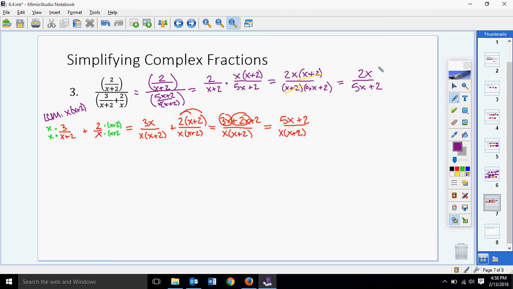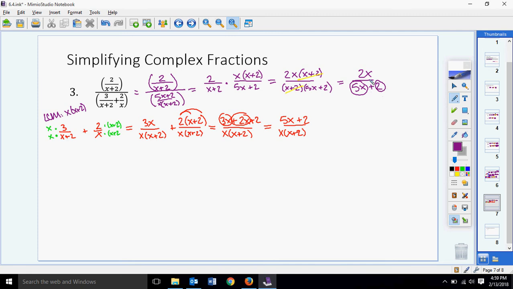Tell me, why can I not simplify or cross out the x's here? It's because this is one whole quantity, okay? So it's not possible to cancel out my x's because my denominator isn't being multiplied by anything, right?